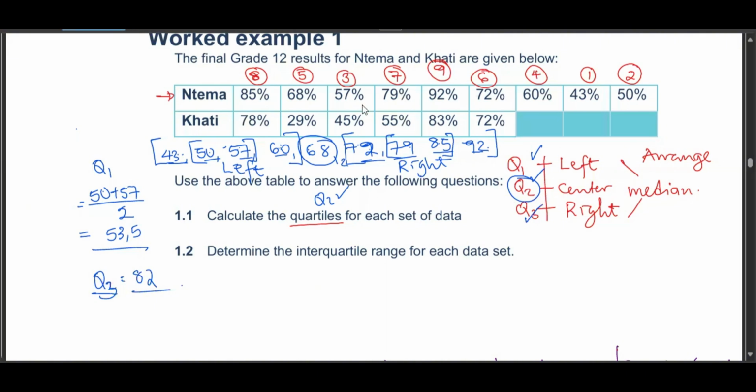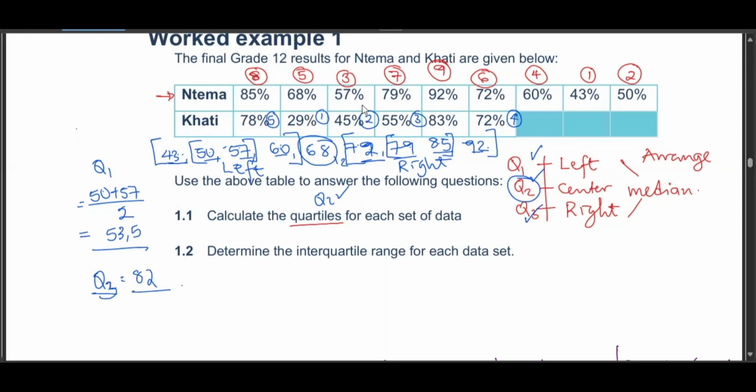You're looking at the numbers. This one takes place number 1, this is 2, 3, 4, 5. So these are 5 numbers. These are odd numbers, so you're going to get one number which is definite.